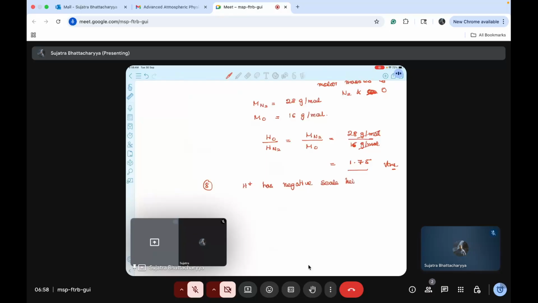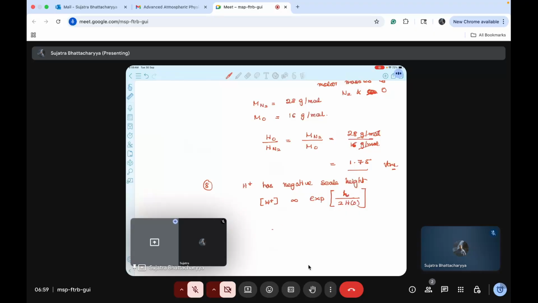Because H plus is actually proportional to the exponential of H divided by 2 scale height of oxygen, where H is any particular height. So you can see that it is exponentially growing.